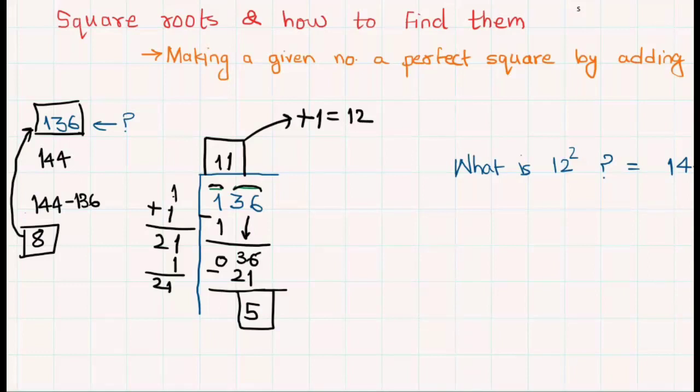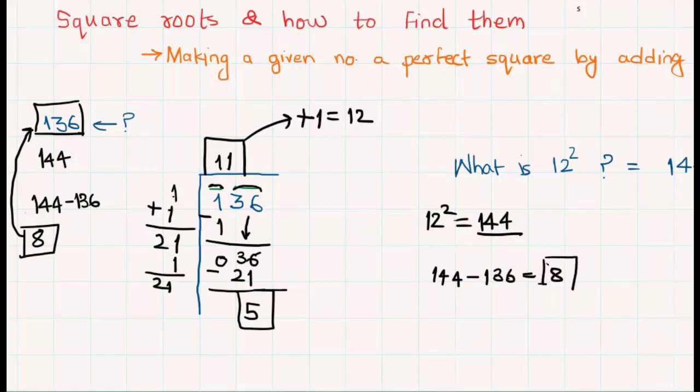Then we find 12 squared, which is equal to 144. And now from this number we subtract our given number. 144 minus 136 is equal to 8. Now we got it. So this is our answer. Are you getting it?